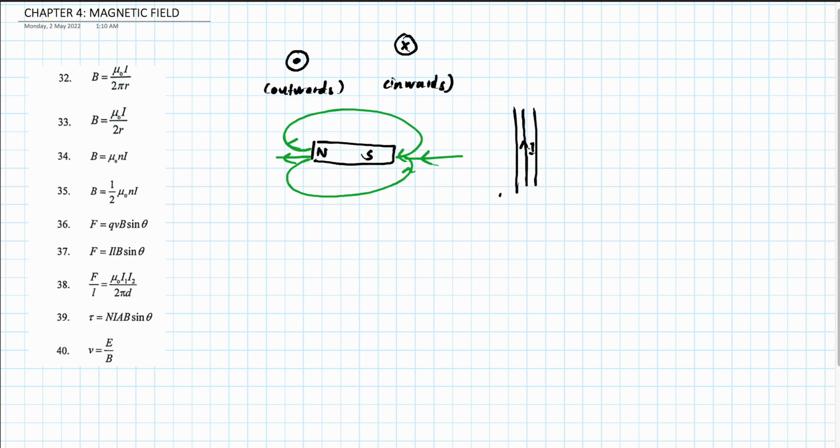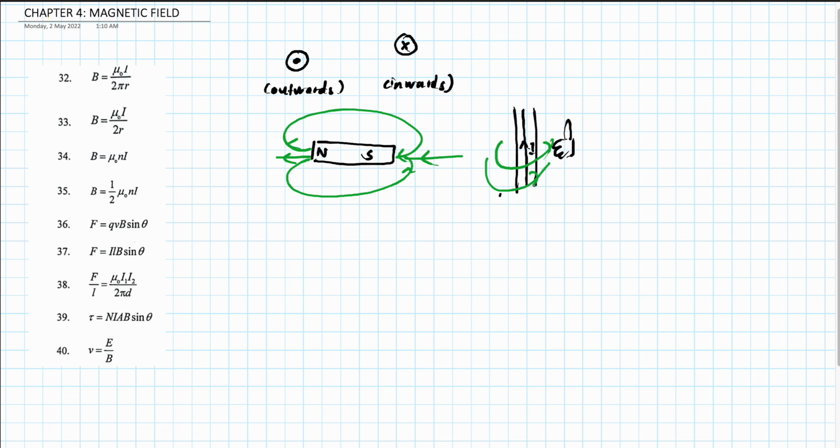Our thumb will point to the direction of current, and then kita akan curl our fingers untuk point to the direction of magnetic field. So bila kita curl our fingers, kita akan dapat magnetic field flows in this direction. Okay, so ni adalah antara contoh lah sources untuk magnetic field.